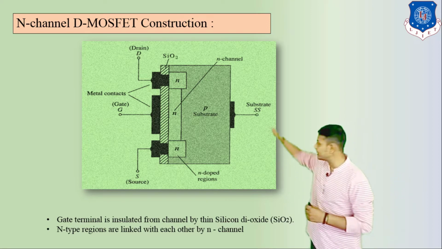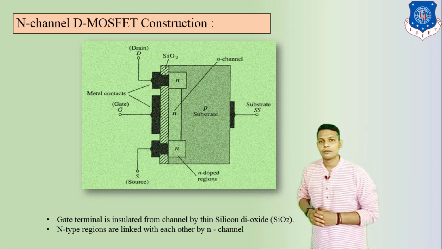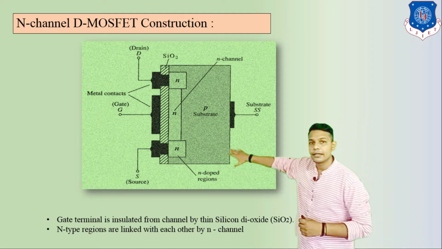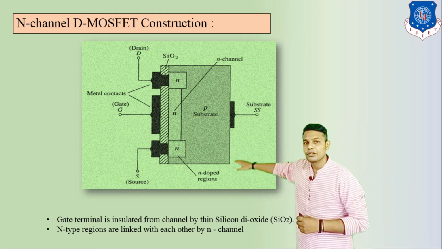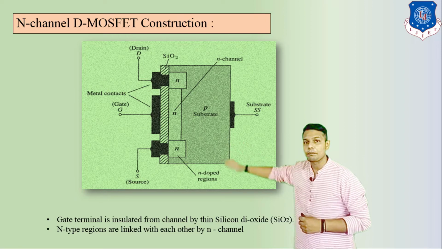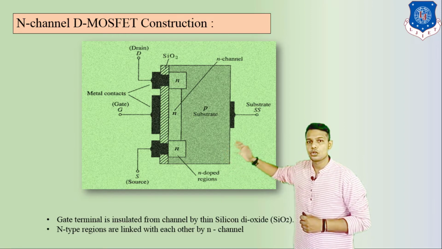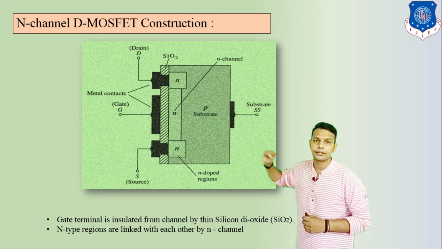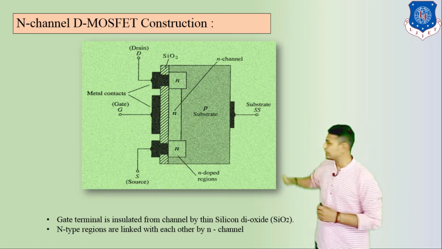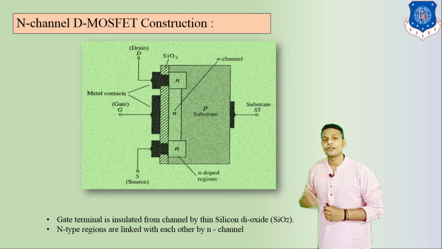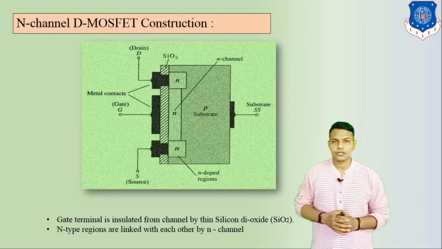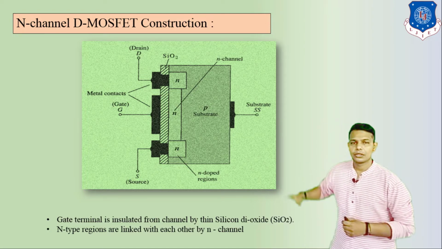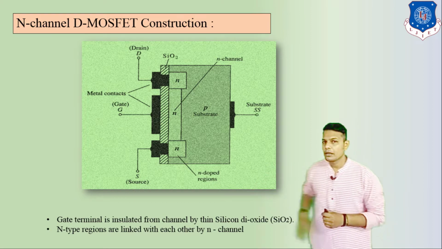In this area, this is the P region, so the majority carriers are holes, and in the N type region the majority carriers are electrons. This is the construction.